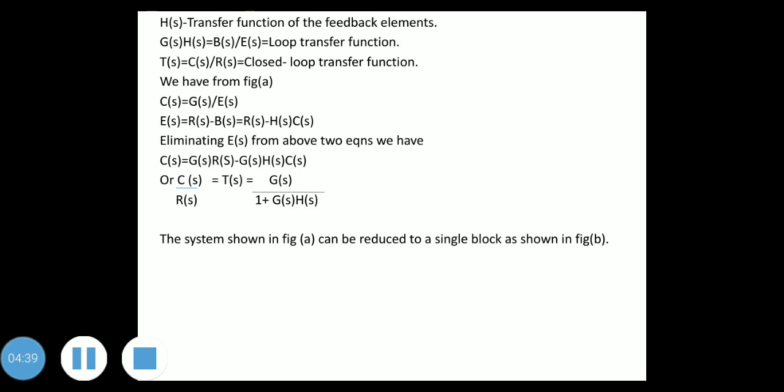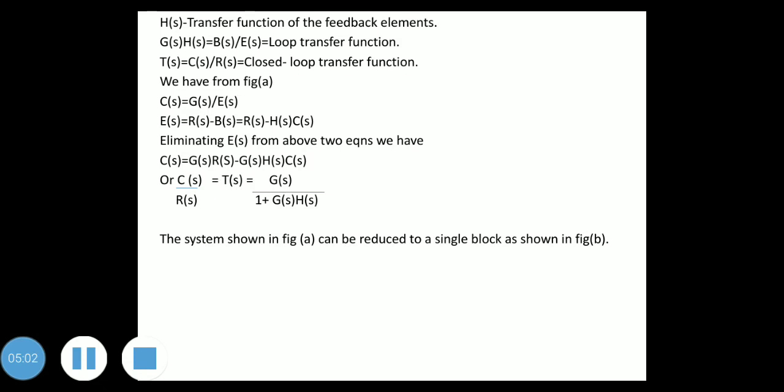H(s) represents the transfer function of the feedback elements. G(s)H(s) = B(s)/E(s) is the loop transfer function. T(s) = C(s)/R(s) is the closed loop transfer function.